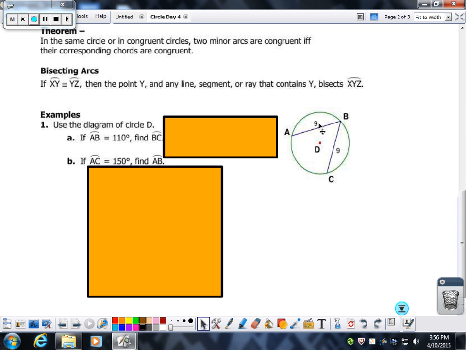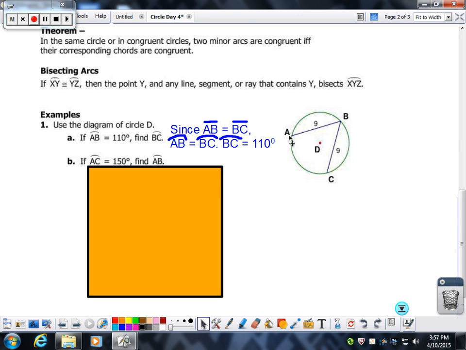So since those chords are congruent, that will tell us that the arcs that correspond to those chords are also congruent. So if arc AB is 110 degrees, then since AB and BC are congruent, arc BC will also be 110 degrees.